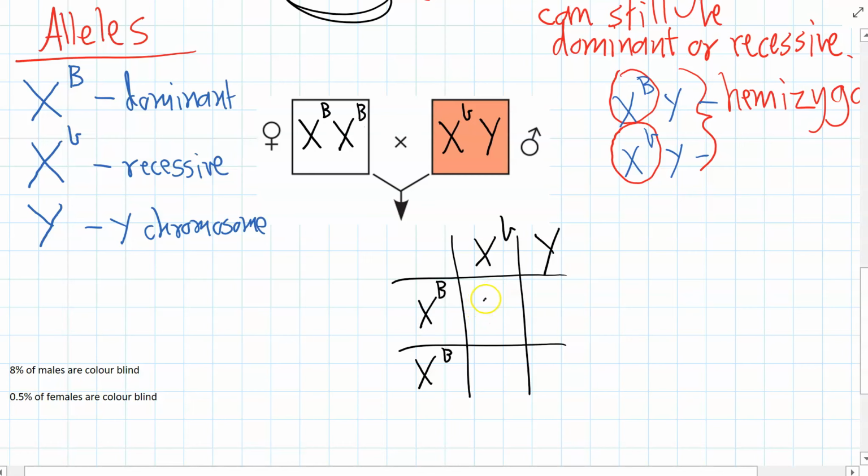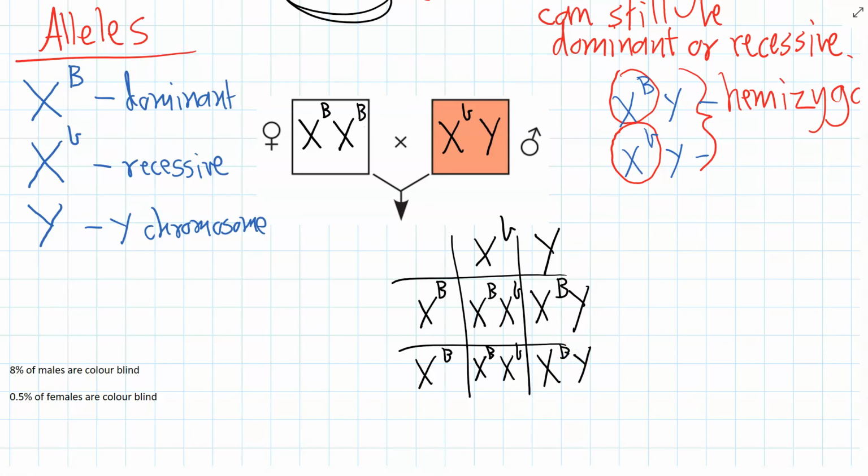So then the possible children they can have, we will follow through like a normal Punnett square, where each parent donates one of their chromosomes, because that's the possible gametes that can be made. X big B and Y.